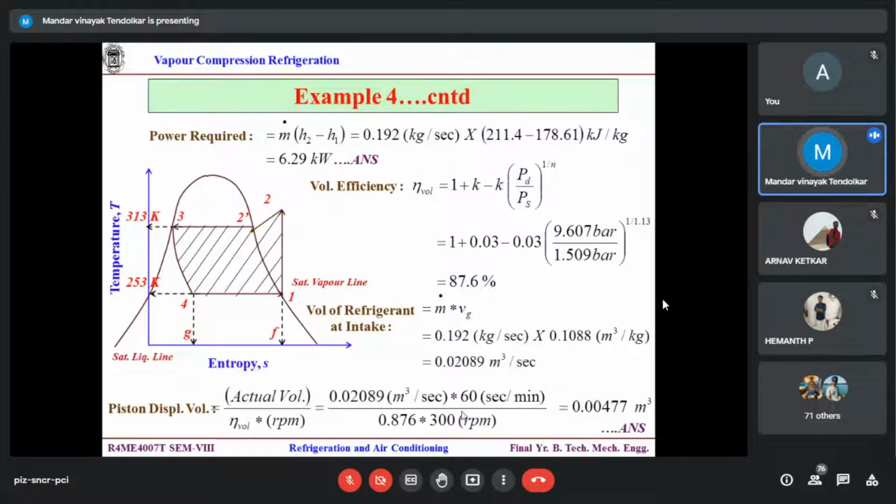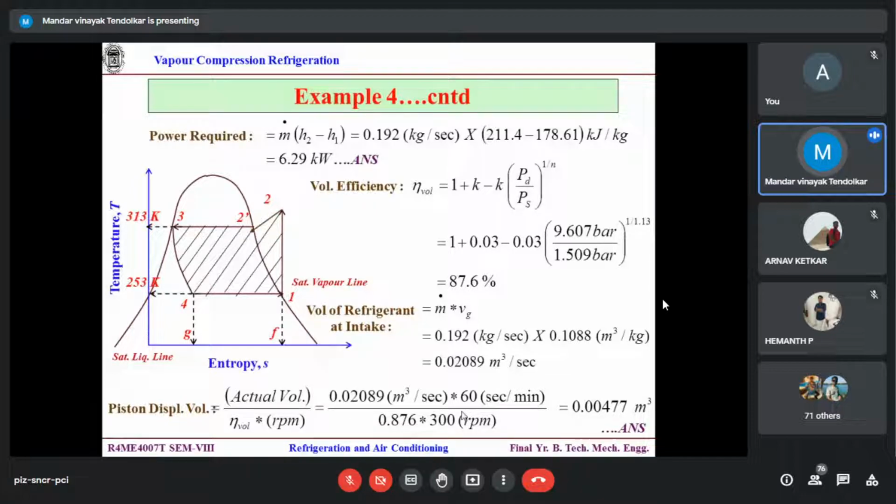Now what I will do is twist this further. I will give you the L by D ratio and ask you to calculate the bore and stroke. So I can twist the numerical the way I want. A 20 marks numerical: use the pH chart and then find out the piston, bore and stroke with the given volumetric efficiency.